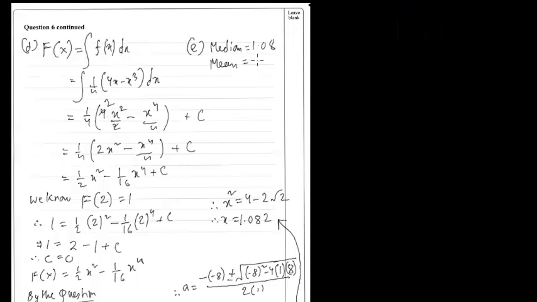Pretty close. Now you might say that this is symmetric, alright, but you might also say since mean is less than median, it is negatively skewed. That's it.